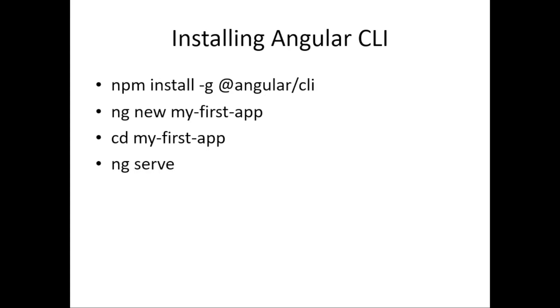You can rename my-first-app to demo or whatever you like, but ng new is mandatory. The third part is the name of your project. You can give any name, for example test.